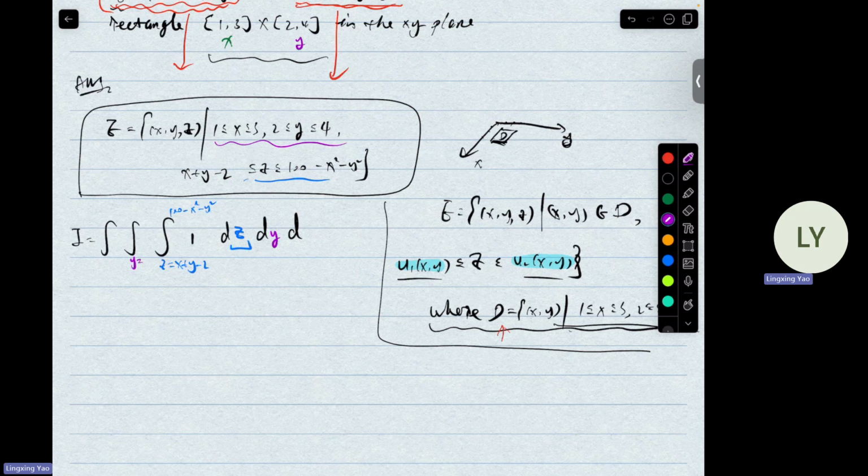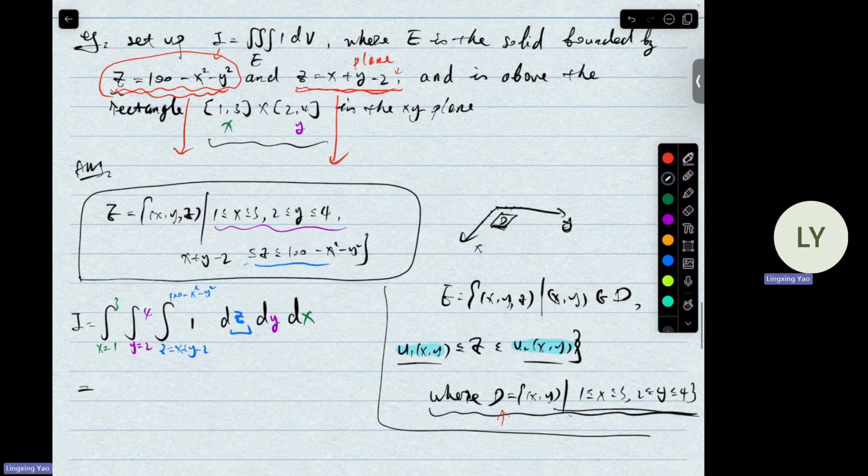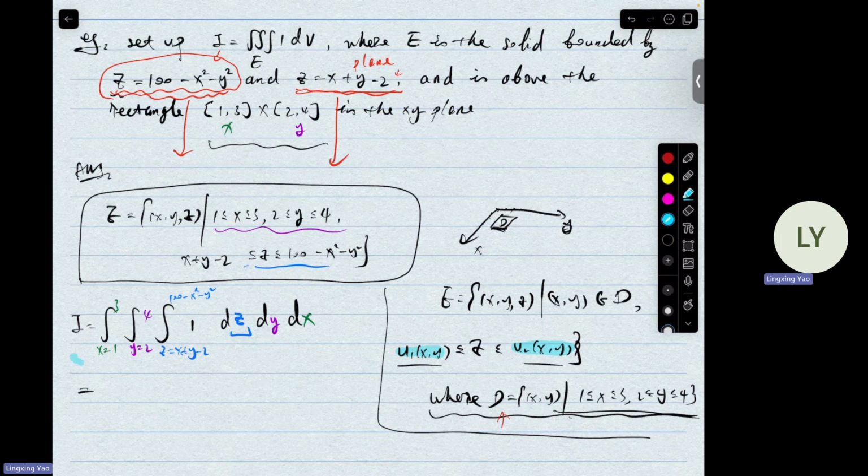How about we just keep the order z, y, x? So y is between 2 and 4, and x is between 1 and 3. So this is how we set up the iterated integral. Okay, so we could compute it, but the question is only asking us to set it up. So this is our result, all right.